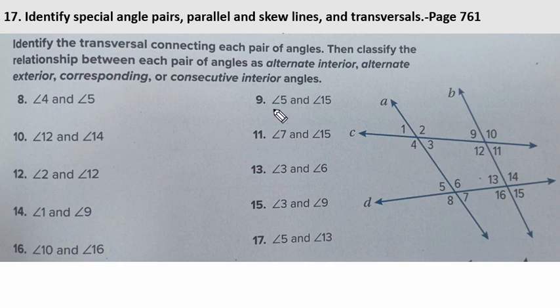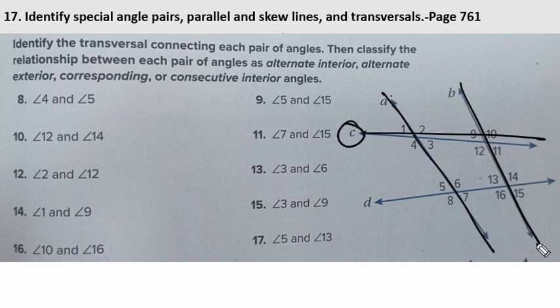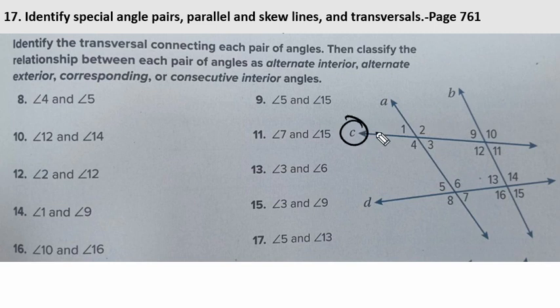Now let's look at one more thing. If C is the transversal on line A and line B, then which angles will be consecutive interior? Angle 2 and angle 3 will be consecutive interior. 2 and 9 will be consecutive interior.